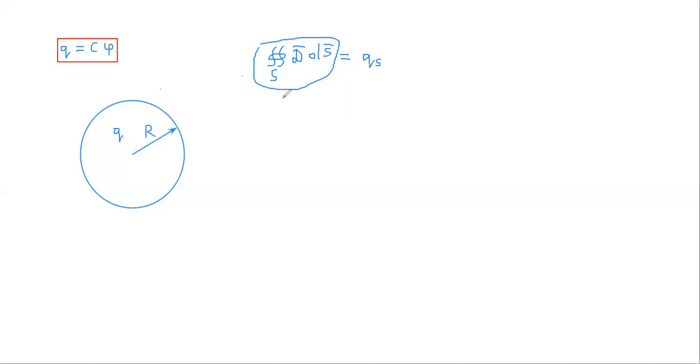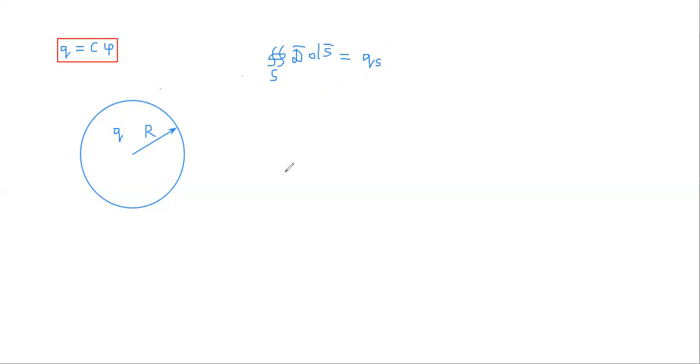We want to find this, and the question is how to get vector D from this formula. And now we will solve this. And the second, it is necessary to find Qs, a charge inside closed surface.